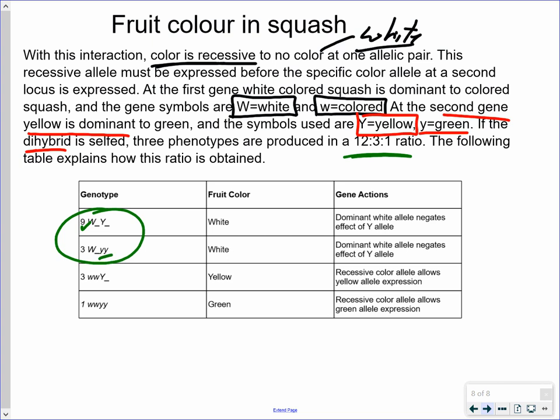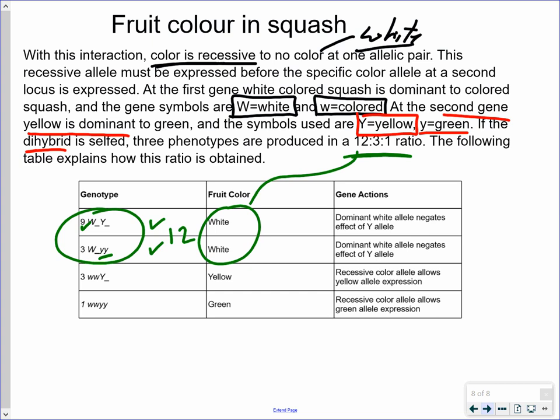So as long as there is the capital W that we are seeing here, that's going to result in the white coloration. It doesn't matter if it's 1 or 2. So from the Punnett square, if you were to draw that out and take a look at all of the different genotypes that fit into these two categories, well, that gives us our 12 of them that are going to end up being white in color.